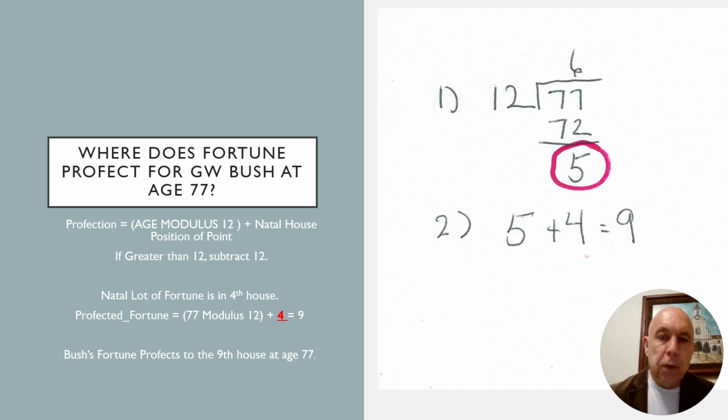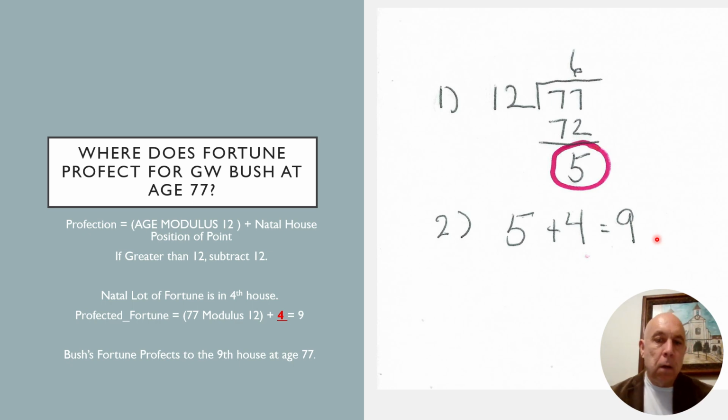So 12 goes into 77 6 times, and we get a remainder of 5 again. Okay, and then we add that 4, which is the natal position of the lot of fortune. So 5 plus 4 equals 9.